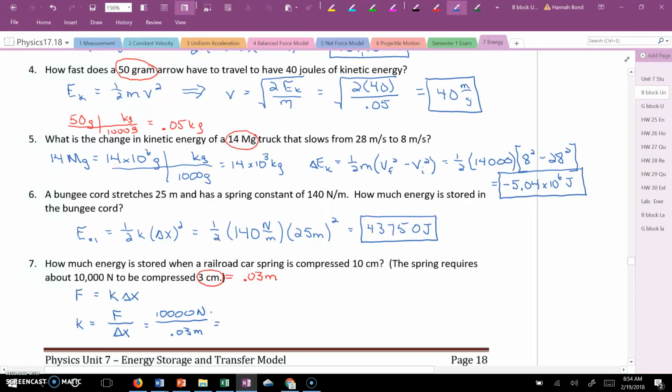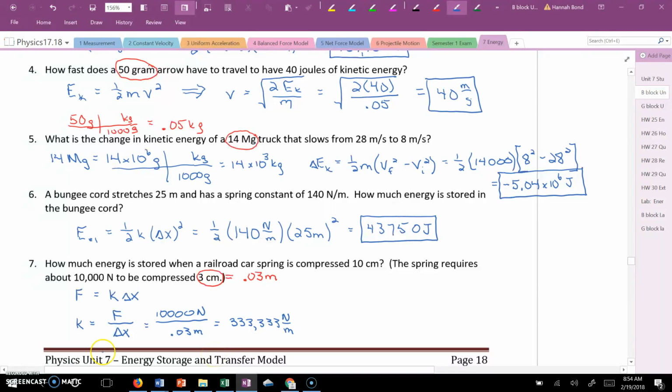And so we would get a spring constant of 333,333. So it's a railroad car spring. It's a very, very stiff spring. So it takes a lot of force to make this spring deform.